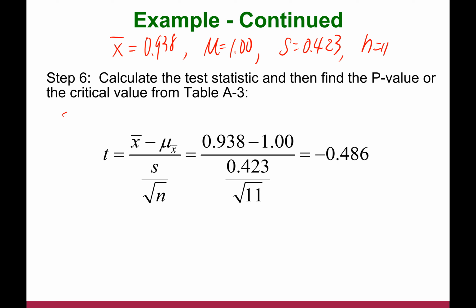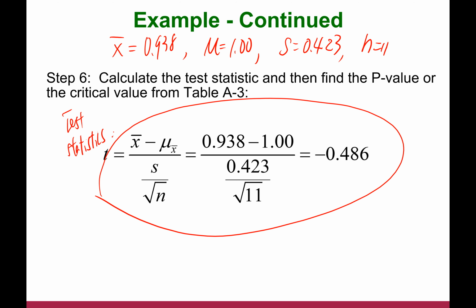Now we're going to come up with a test statistics. This is test statistics. So plug the value into the formula. We get test statistics equal to negative 0.486. So in terms of t-score, you run it to 3 decimal places to match the decimal places in the table A3.